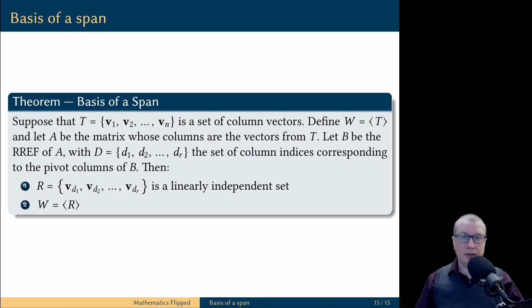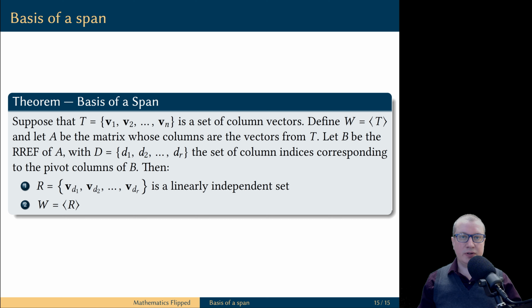Then, the columns of the non-reduced matrix A, which are the vectors in the original set, which correspond to pivot columns in the reduced matrix, form a linearly independent set. Moreover, these vectors still span the same span as the original set of vectors.